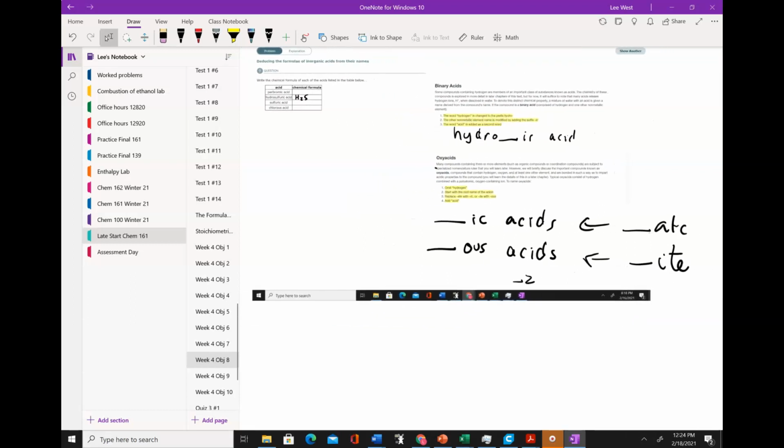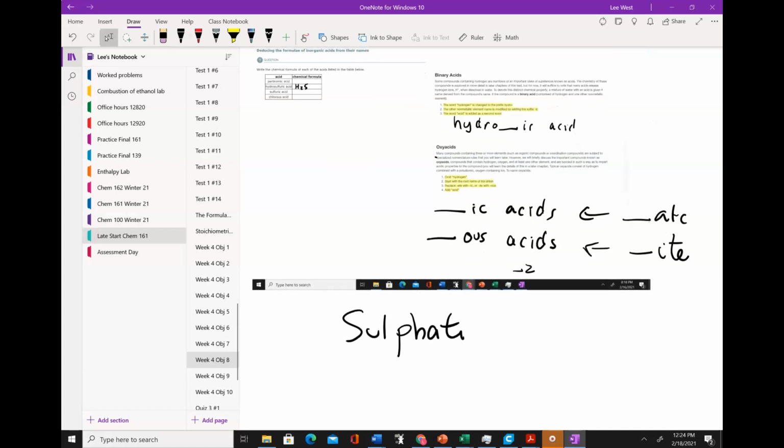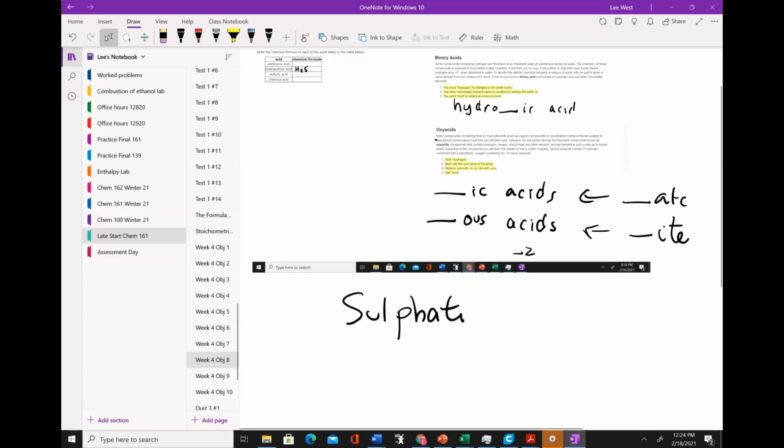So sulfuric acid must come from sulfate. And then chlorous acid is an ous acid, so it must come from chlorite. And then we've only got one left. Perbromic acid must come from perbromate.